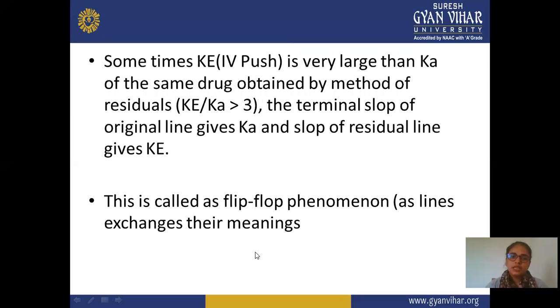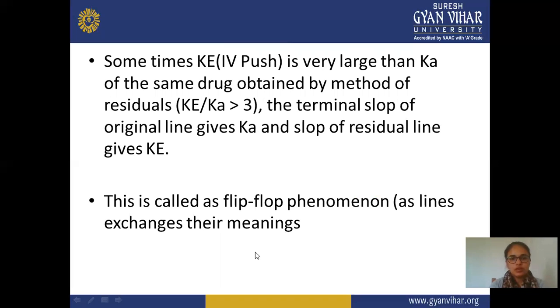Sometimes Ke, as in IV push, is very large compared to Ka. Hence the elimination rate is large while absorption is slow, and by this method the residual method is used when Ke/Ka is more than 3. The terminal slope of the original line gives Ka and the slope of the residual line gives Ke.